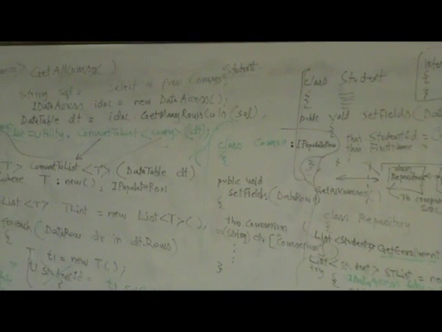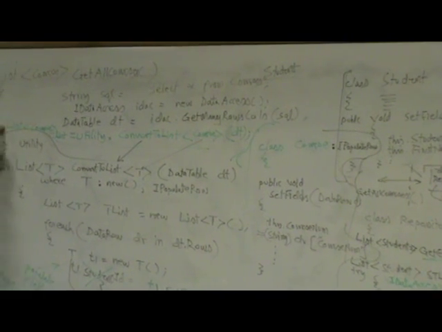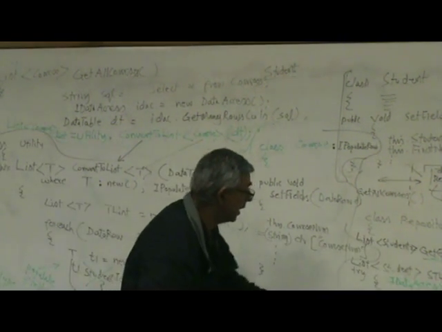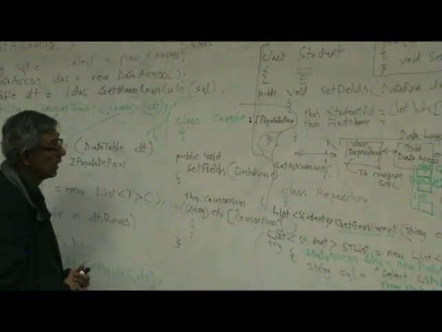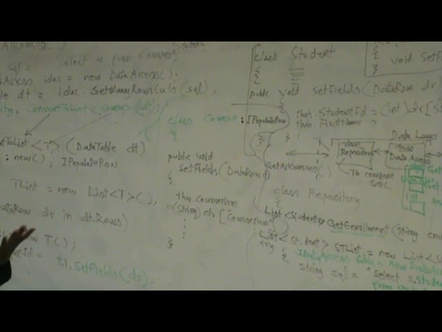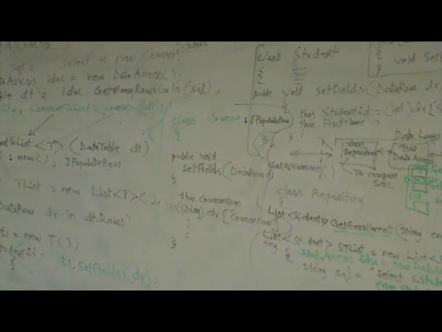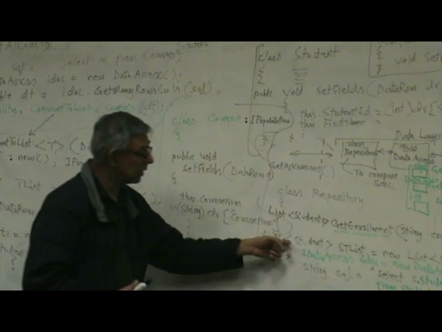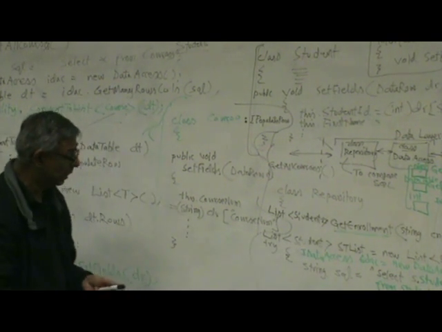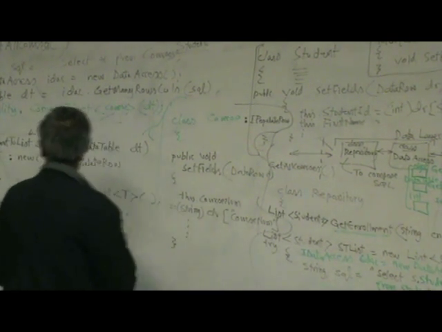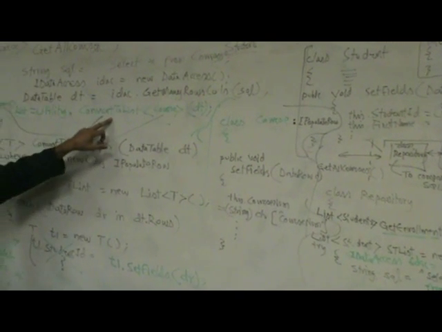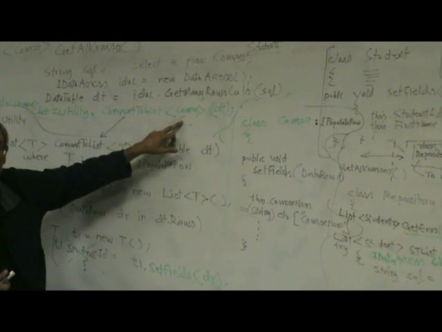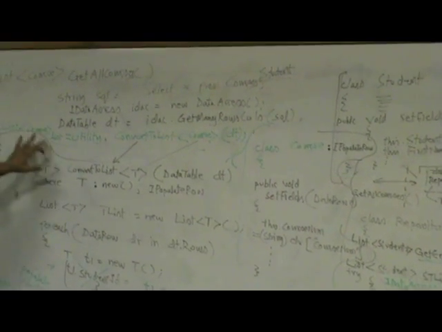So if you were, let's say, writing the get enrollment, and at the very end, after you issued the SQL and obtained the data table, you wanted to convert this to a list of student, what will your code look like in this case? Again, you will call Utility.ConvertToList of Student, dt, and then you'll store it in a list of student, right?